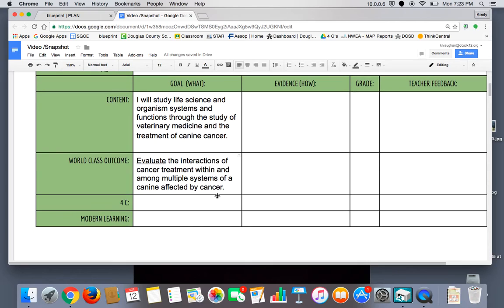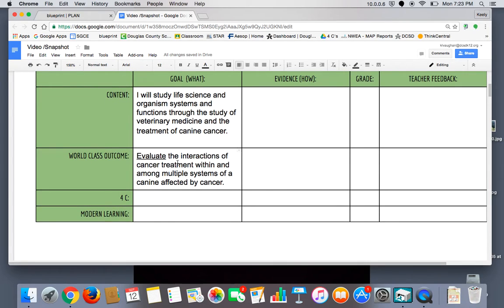I'm still looking at having to gain a lot of basic information about cancer and about how the treatment is affecting dogs. I'm going to have to do some higher level thinking there. And so it's working up to a higher level, and eventually I'll probably go above that, and hopefully I'll be able to create something new that will treat cancer better or help dogs deal with cancer better.